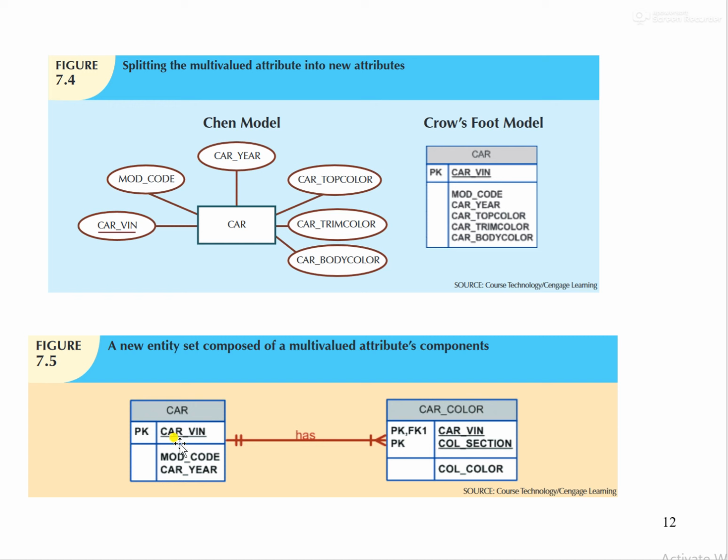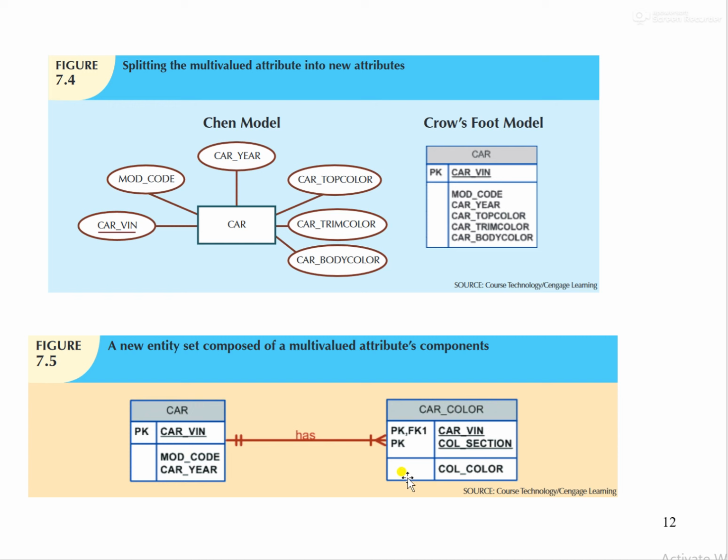If the primary key of one table appears in another table or in another entity, then it is called a foreign key. So car vehicle identity number is a foreign key over here, and it is part of the primary key of the car color entity. Now car is the parent entity and car color is the child entity.